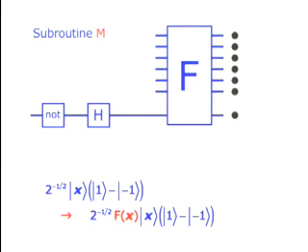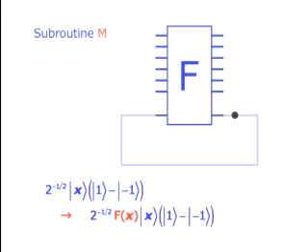That means that the auxiliary qubit is left unchanged. M could run repeatedly, just recycling the same qubit, which never changes.